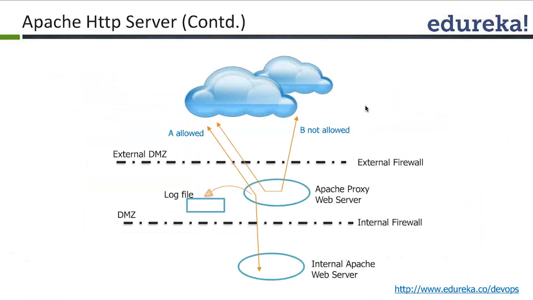Now, how the web server itself is placed in an organization depends on how you design a firewall. And as always, as I said, a firewall has three legs: your public side, your private side, and what is called the DMZ, or the demilitarized zone.